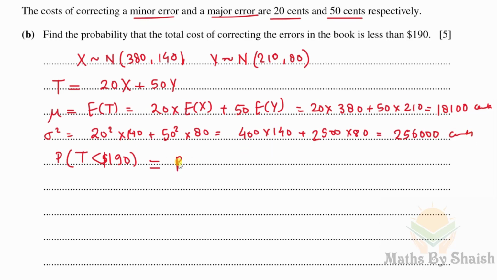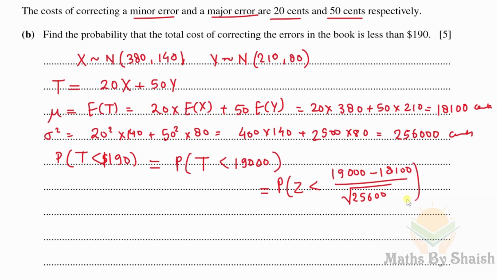I'll make this cents, so T is less than 190 into 100, that is 19,000. Now we calculate in the standard normal distribution, Z less than 19000 minus 18100 over sigma, the square root of the variance, root of 256,000.